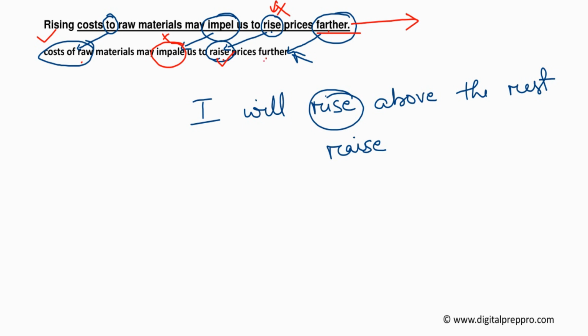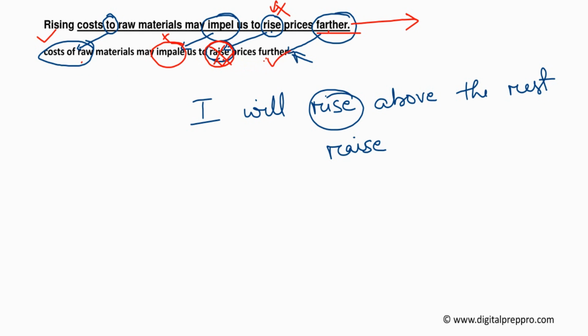This is also correct, but the word impale is not correct, and that is the reason why the sentence written here, the rising cost to raw materials may impel us to rise the price further, cannot be replaced with this particular clause: cost of raw materials may impale us to raise the prices further.